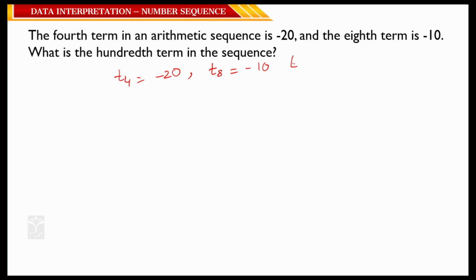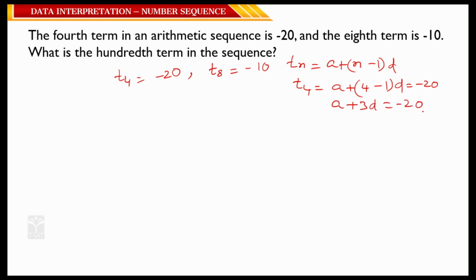What is the formula? Tn is equal to a plus (n minus 1) d. Correct? Now T4 is equal to a plus (4 minus 1) d, which is equal to -20 as given. Or you can say a plus 3d equals -20. Say this is equation 1.